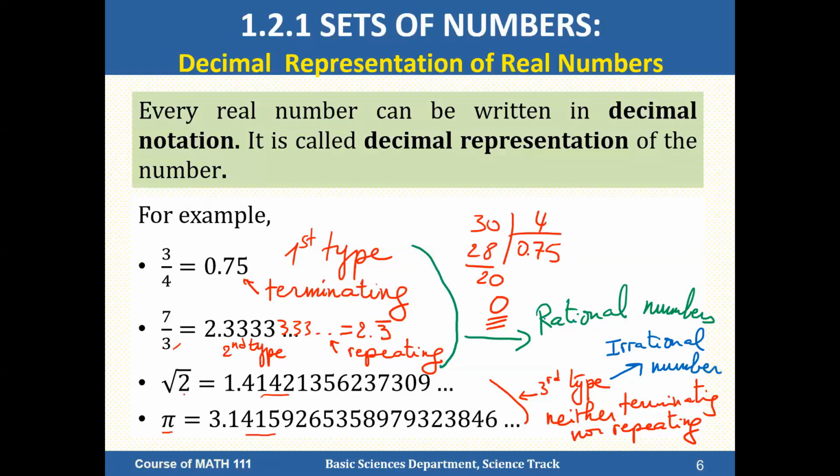So rational numbers have a terminating or repeating decimal representation, whereas irrational numbers are neither terminating nor repeating. Then square root of 2 and pi are two examples of irrational numbers, whereas 3 over 4 is a rational number and 7 over 3 is a rational number.